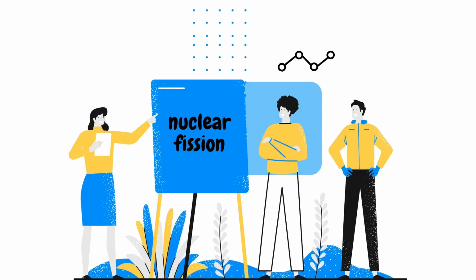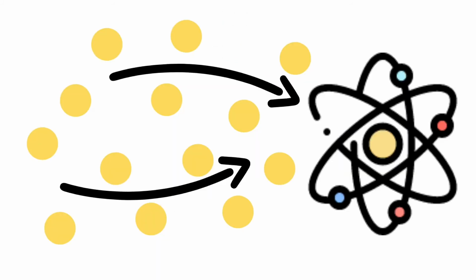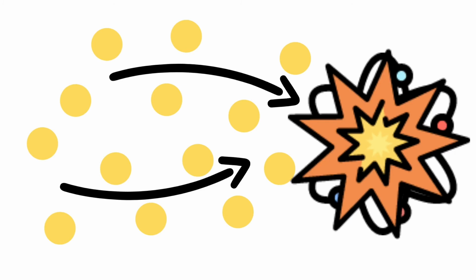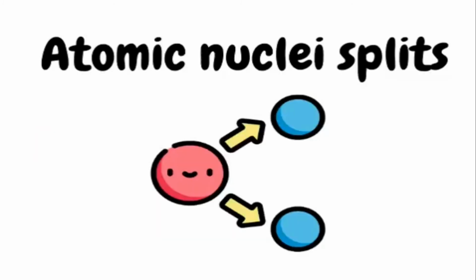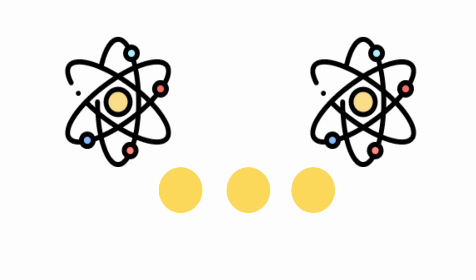Let's first look at nuclear fission. A single neutron hits the atomic nucleus. This results in the splitting of the atomic nucleus, and then two nuclei are produced. Each nucleus takes part of the electrons with it. So, two new atoms are formed. Let's look at the case of some very large atoms. A few neutrons are additionally released.